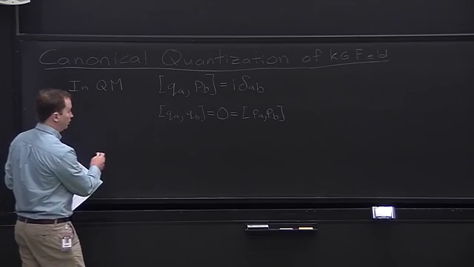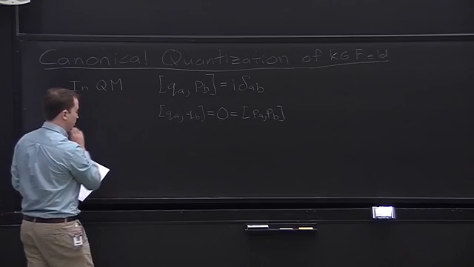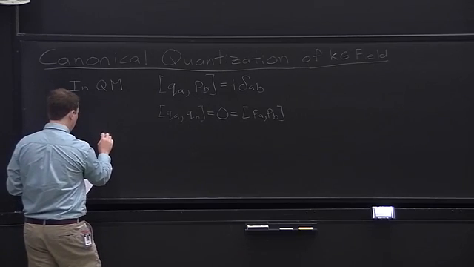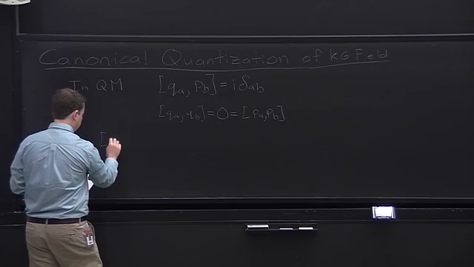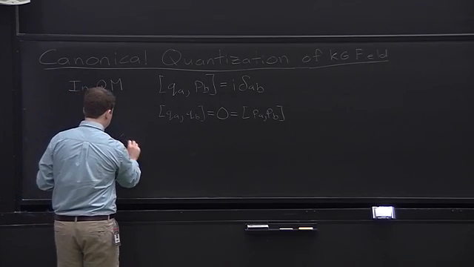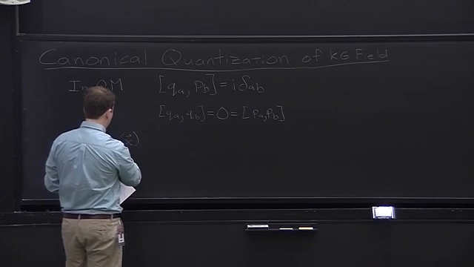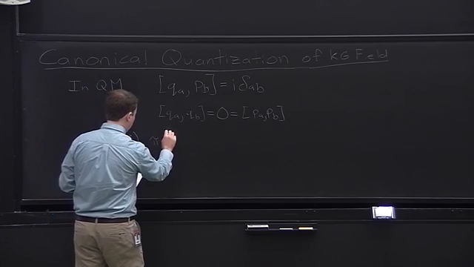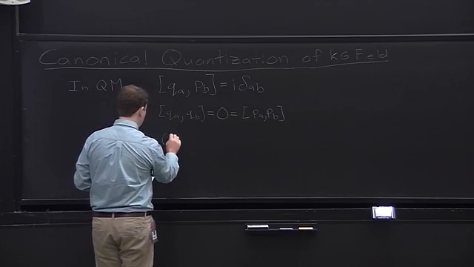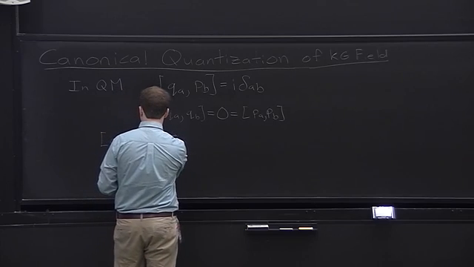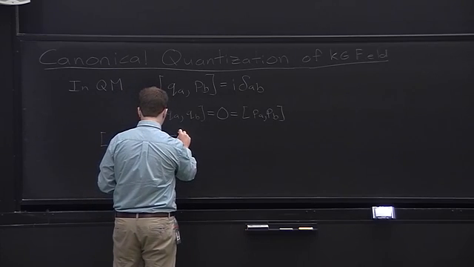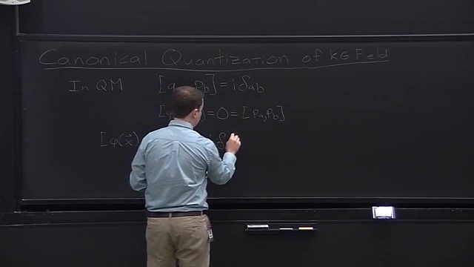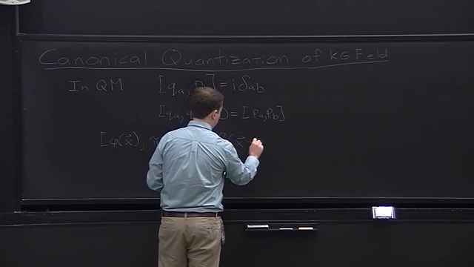And so in the Schrodinger picture, the natural generalization of these commutation relations is we should impose that the commutator of the field operator with the momentum operator is i delta of x minus y.